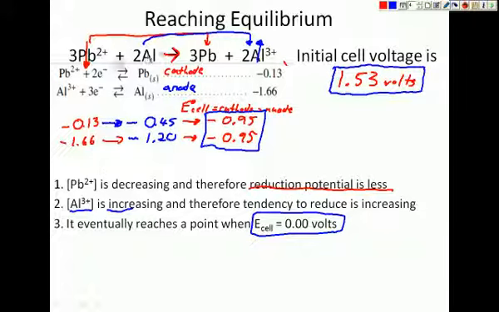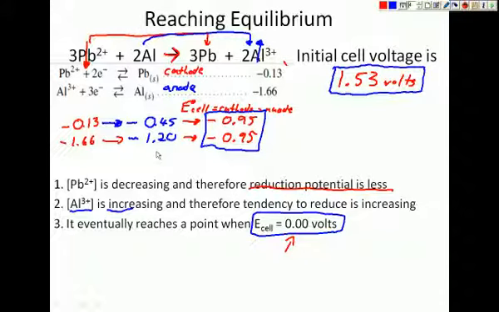When they both have the same reduction potential, or the same strength in reducing each other, they have reached an equilibrium. And when this happens, your cell is producing no electricity, as we can clearly see right here. It's producing no electricity.